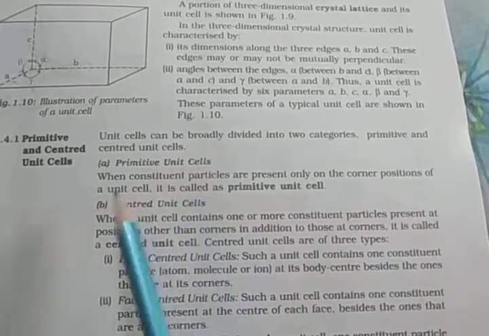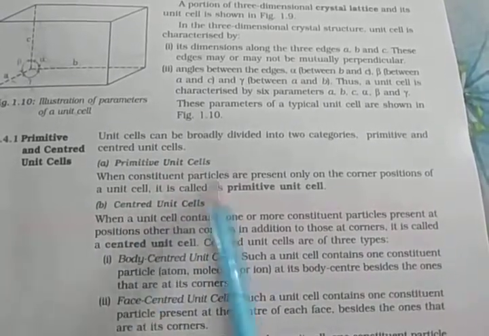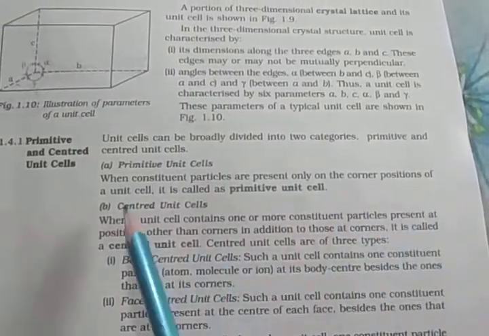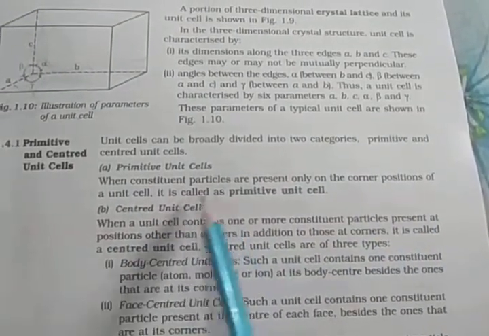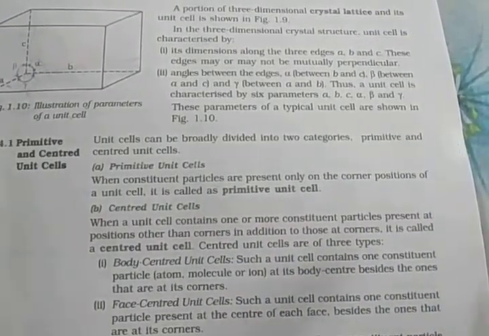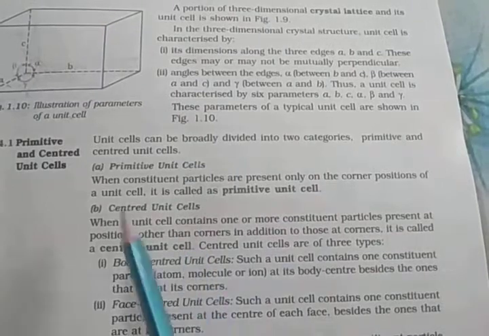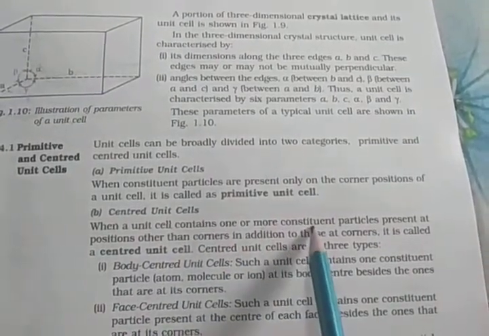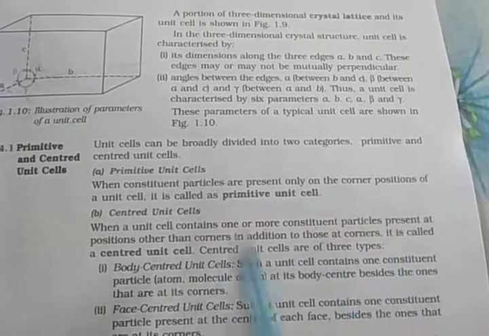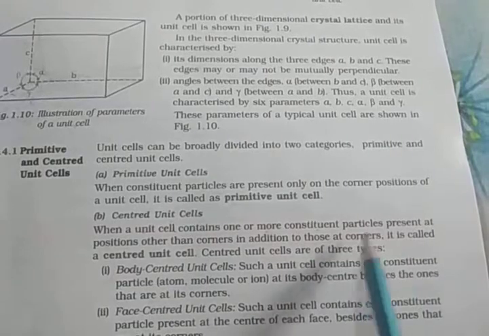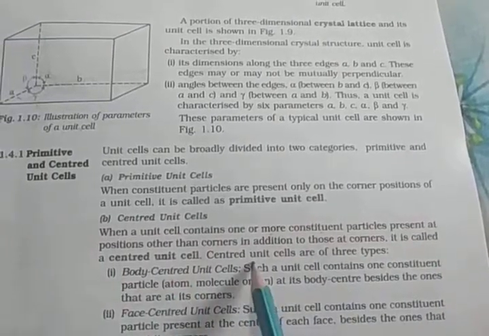Primitive unit cell: when constituent particles, that means lattice points, are present only on the corner positions of a unit cell, it is called a primitive unit cell. And centered: when a unit cell contains one or more constituent particles present at positions other than corners, in addition to those at corners, it is called a centered unit cell.